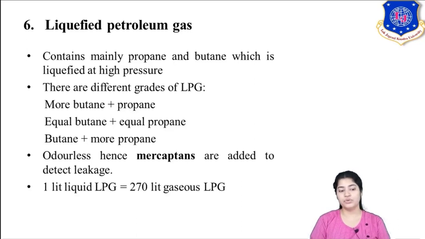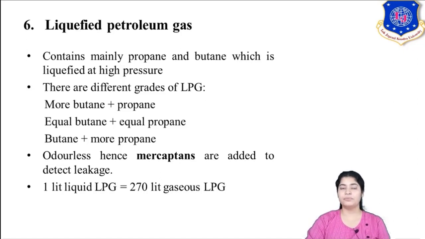A very important note here is the expansion coefficient of this gas. See how this gas can expand: 1 liter of liquid LPG can expand up to 270 liters. So if there is a leakage of 1 liter of liquid LPG from the cylinder, it will cover an area of 270 liters in the vapor phase.